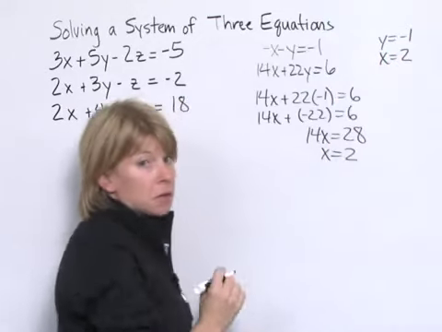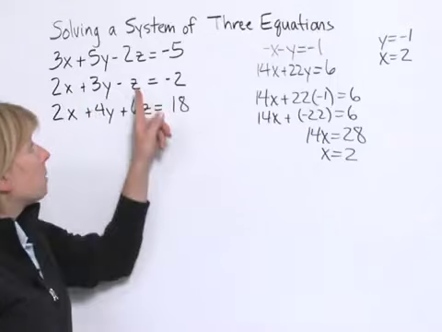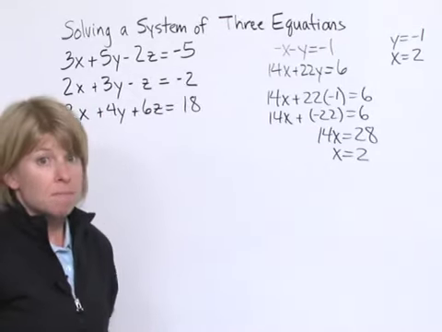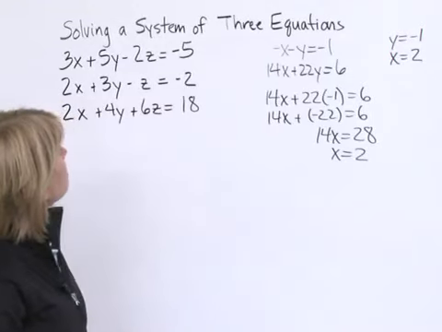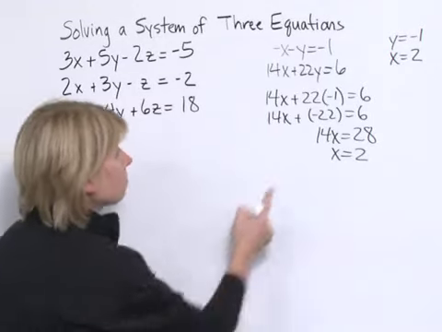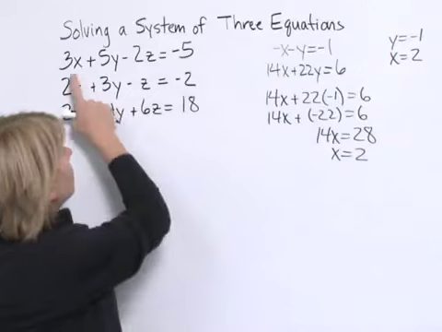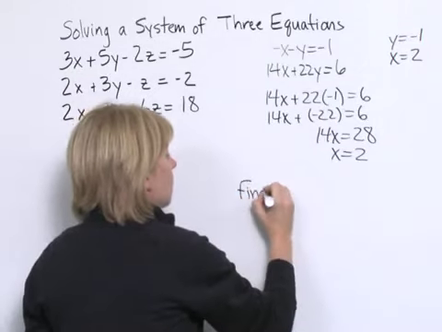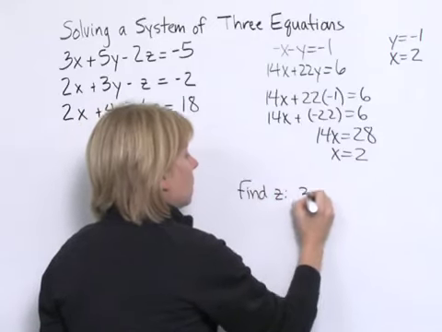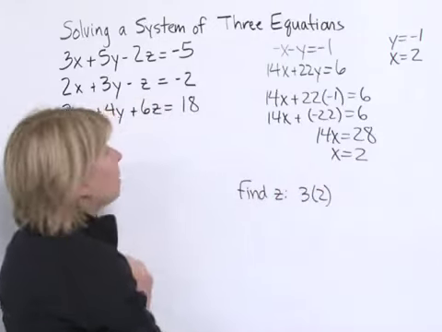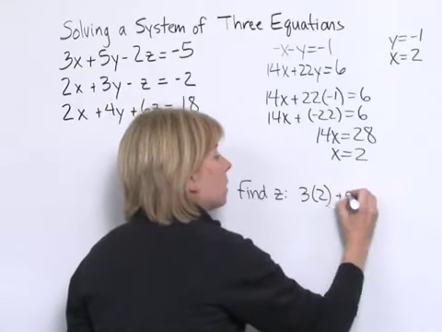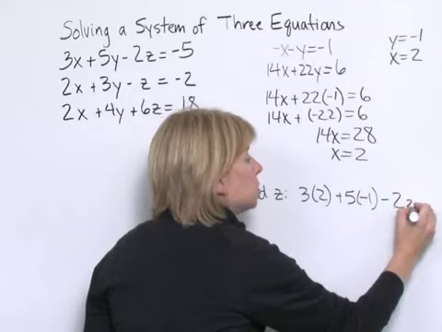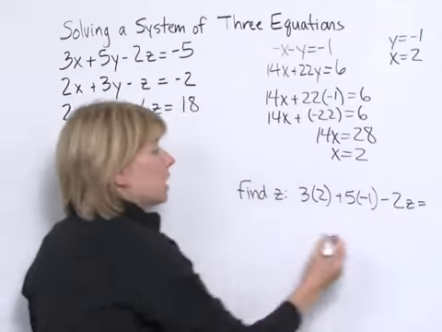Now we can take both of those values and substitute them into one of our original equations. And we could choose any of the three. I'm going to choose equation 1 and substitute these two values in. So we'll have 3 times 2 plus 5 times negative 1 minus 2z equals negative 5.